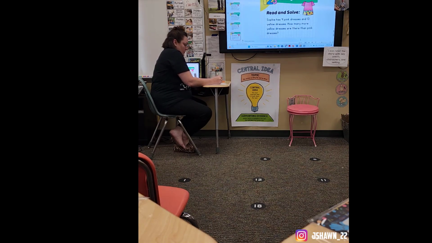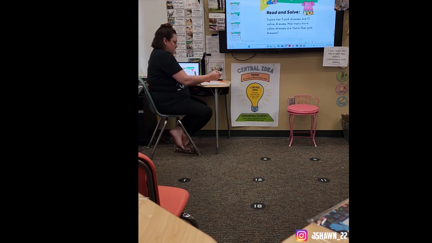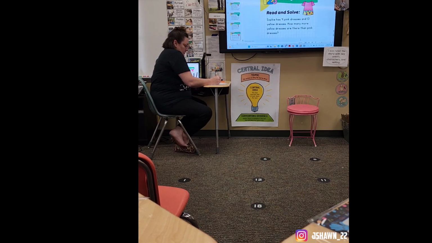Sophie has 4 pink dresses. And she has, I hope you can see the yellow, and she has 13, probably won't be able to see it, I might have to write it, yellow dresses.